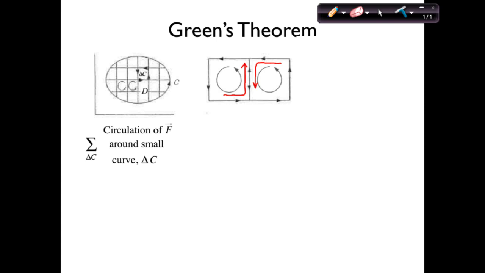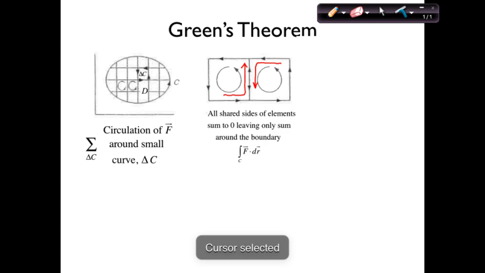So when we add up all the circulation integrals, what do we get in the end? Yeah, we're going to get 0 for all the shared sides. So which ones are not shared? On C, right? All those little segments along C are not shared, but all the interior shared sides are going to cancel out. So all shared sides of the elements sum to 0, leaving only the sum around the boundary.